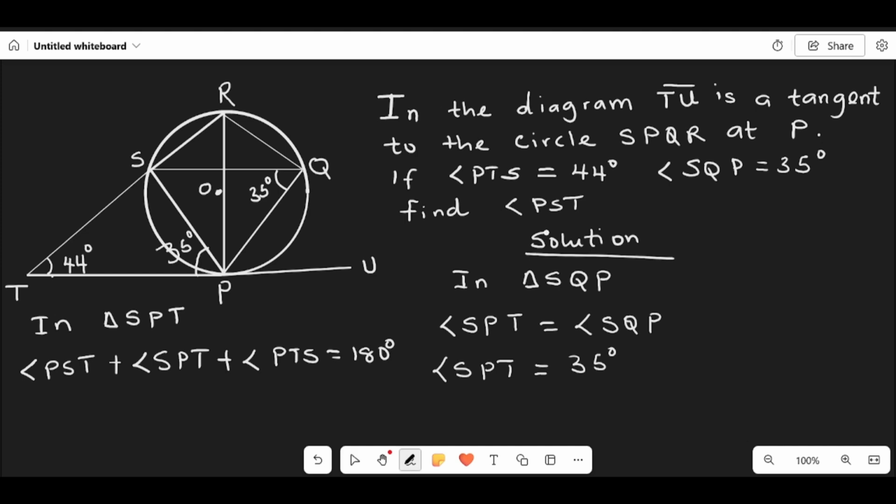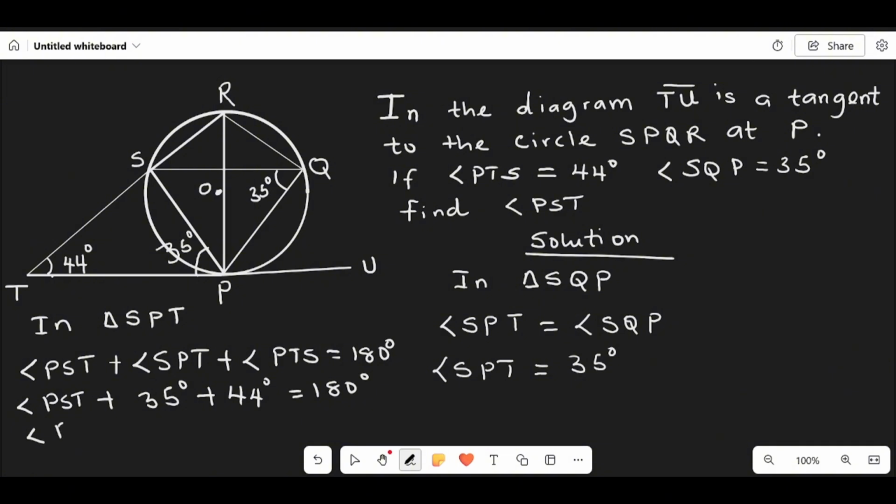Now let us substitute the values of angle SPT and PTS into this equation. Angle PST plus 35 degrees plus 44 degrees equals 180 degrees.